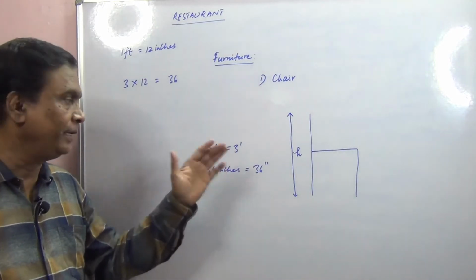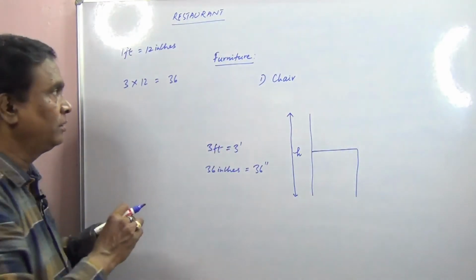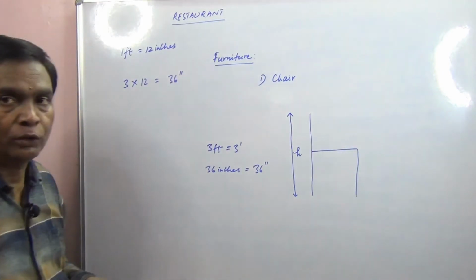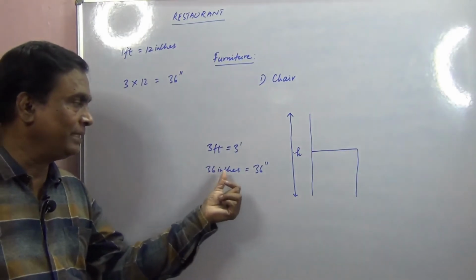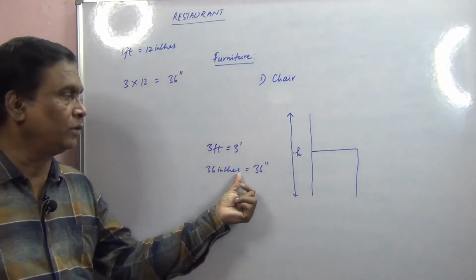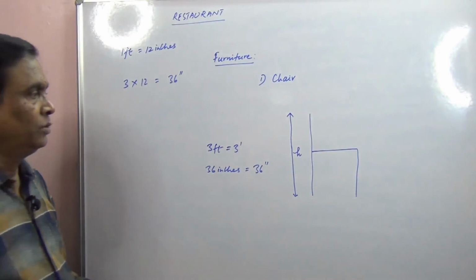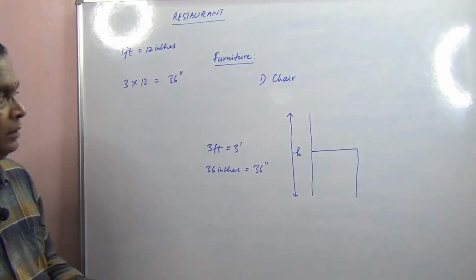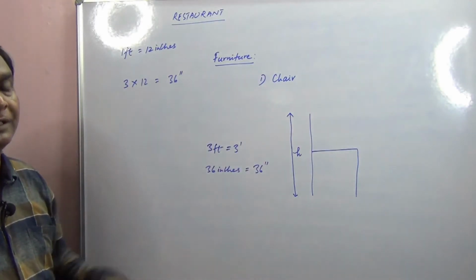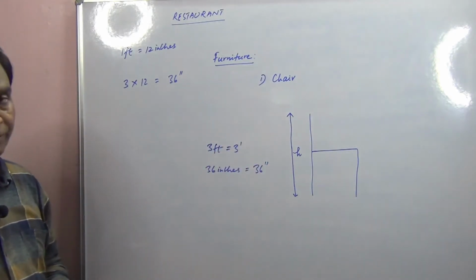After converting feet into inches, 3 times 12 is 36. Double quotes indicate it is in inches. So 36 inches, you can write it either way. So we have shown here the height of a chair, the standard height of a chair.